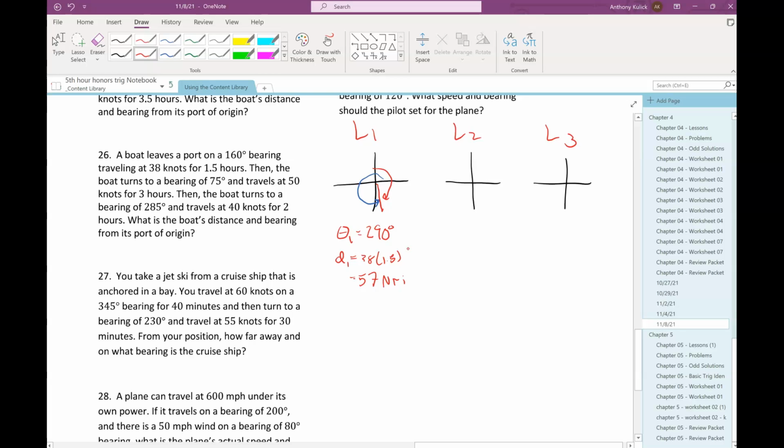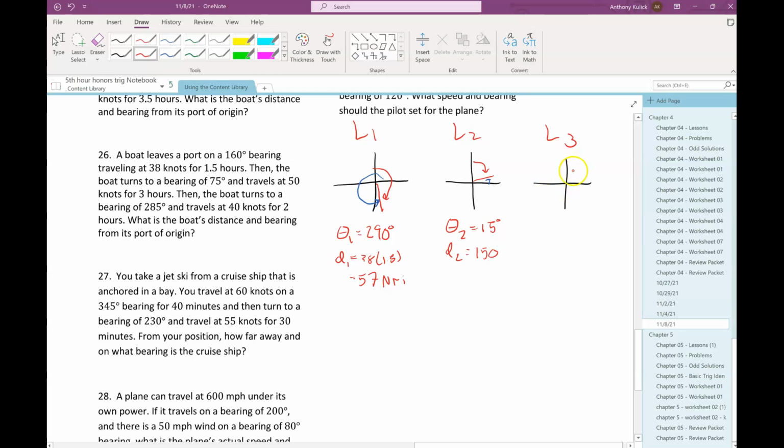The next one, we're going 75. So my theta there is just going to be 15. And 50 knots for 3 hours, so that's 150.